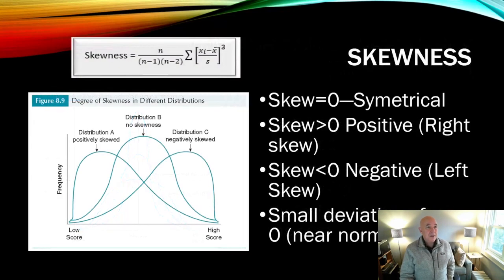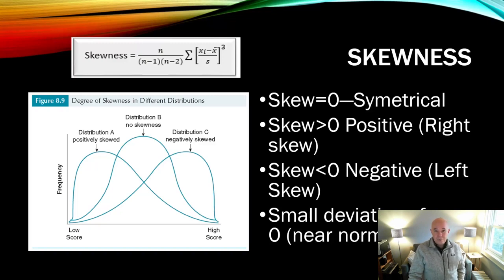If you think about skew, a symmetrical curve has a skew of 0. Positive skew is right skewed, the tail is off to the right, and the skew value is greater than 0. Negative skew is skewed to the left, and it has a negative value. We don't worry about small deviations.